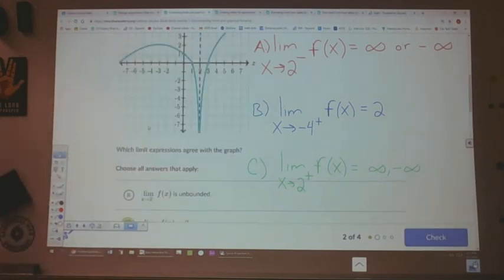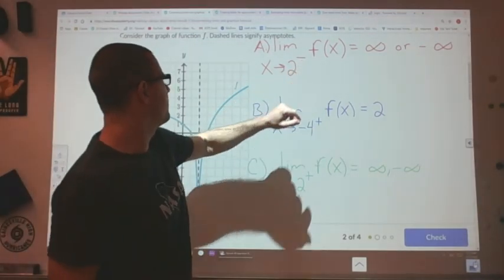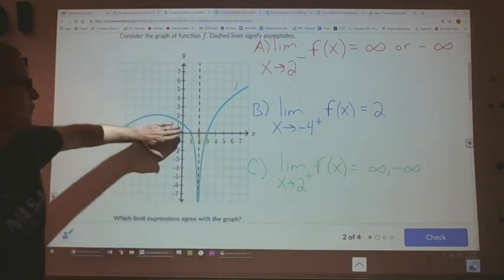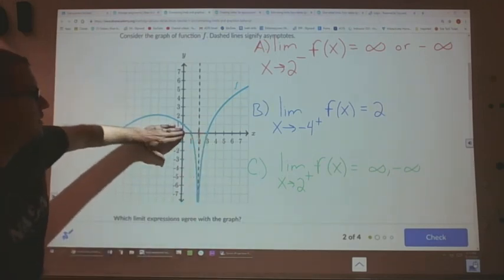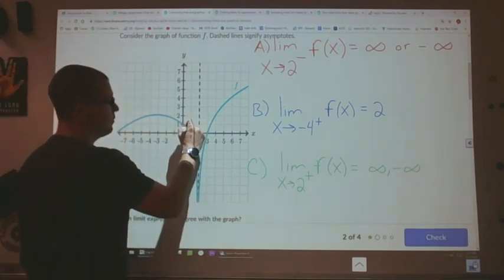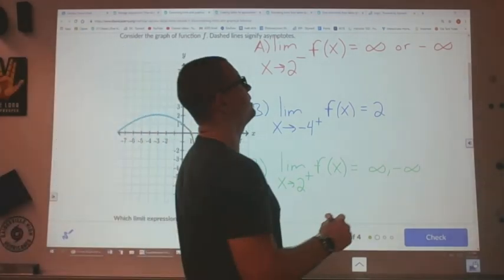So now let's look at our graph. So for part A, we're looking at 2 from the left. So we need to find our point 2 here. From the left, it's unbounded. Which is true. As we go to 2 from the left, it does go to infinity or negative infinity.